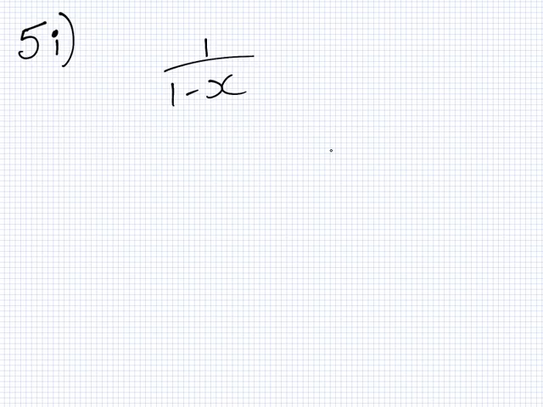Okay, let's have a look at this one. So it's 1 minus x divided into 1. What do I multiply 1 by to make it 1? 1 obviously. And I have 1 minus x, and when I subtract, I have x. What do I multiply 1 by to make it x? x.